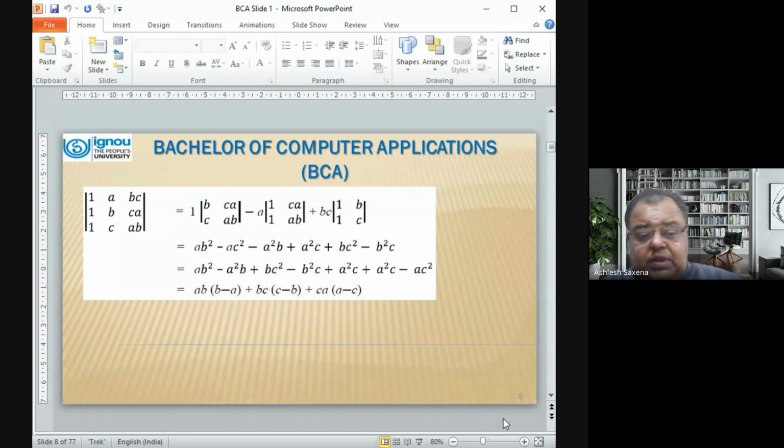Now tell me, how many have understood this step? I have deliberately removed a step between this and this. I've straight away written this.